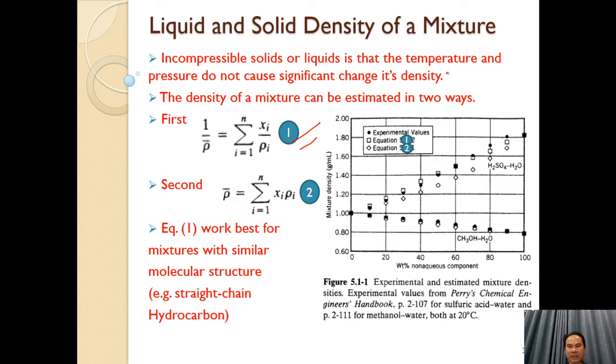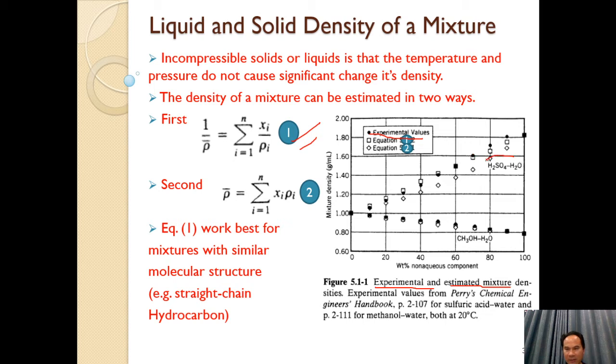This figure shows the experimental data and the values estimated using these two equations. The solid symbol means the experimental value, and the cube symbol is estimated from equation 1. As the percent weight of the solute increases, density increases, like for the sulfuric acid and water system.